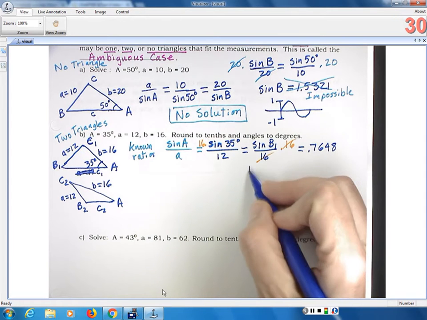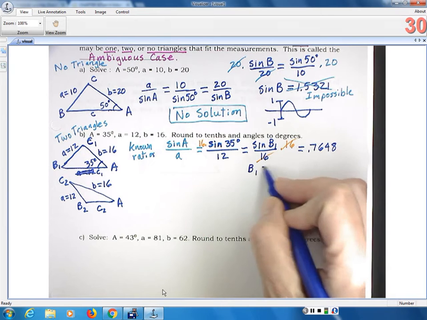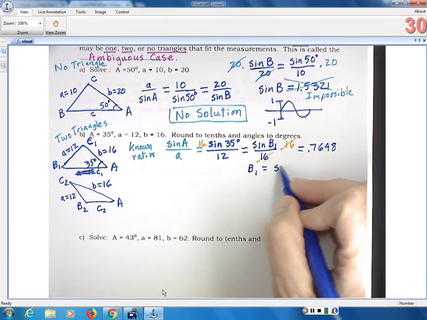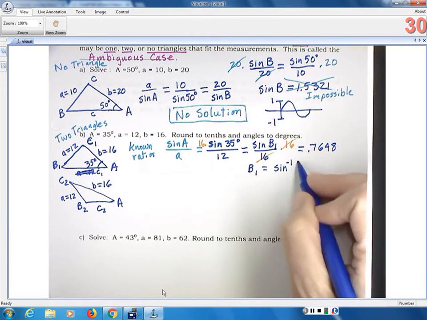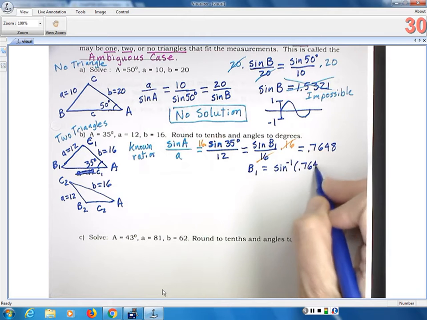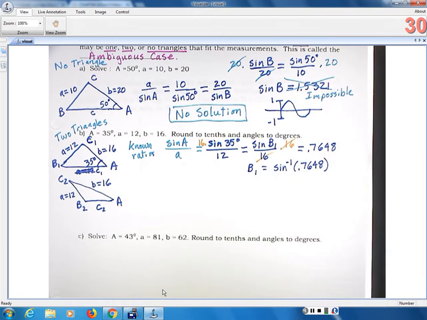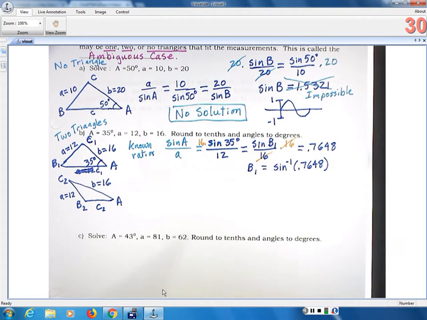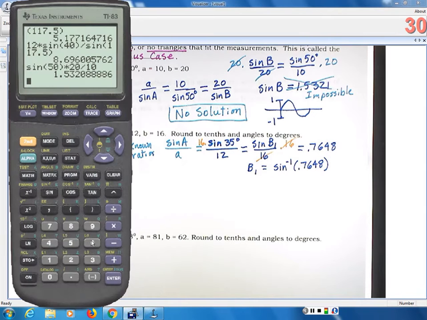So B1 will be the inverse sine of 0.7648. And we're going to round the angles to degrees, though sometimes you can just use all the digits.